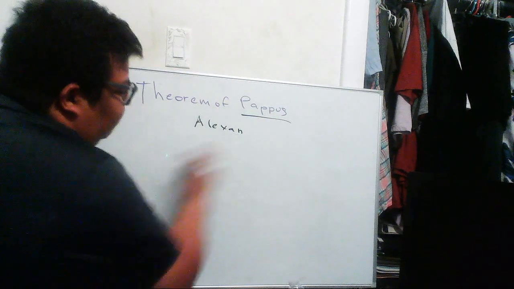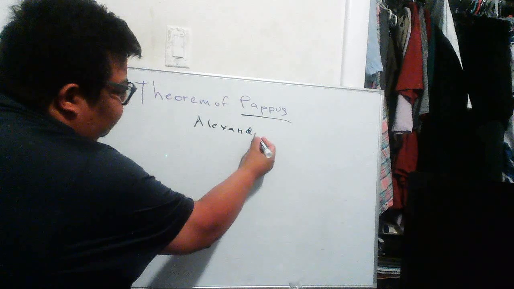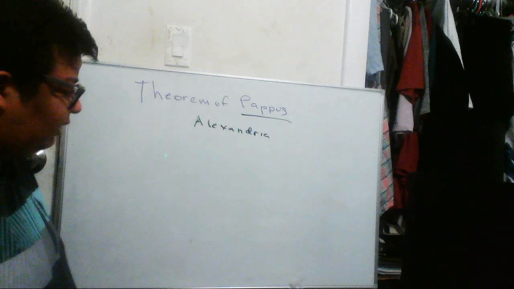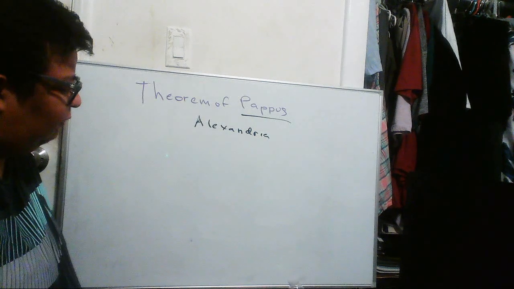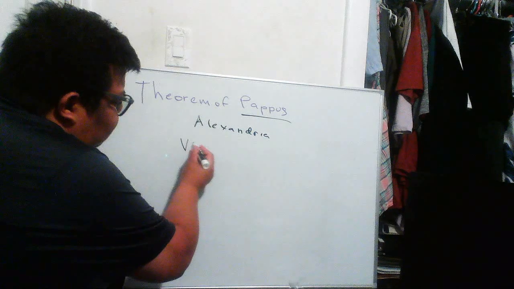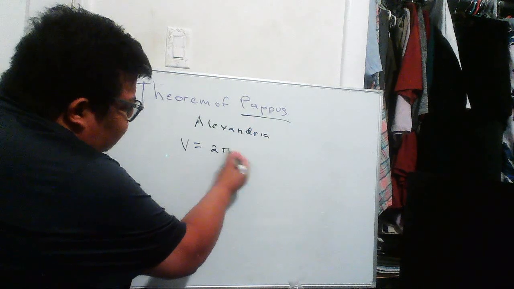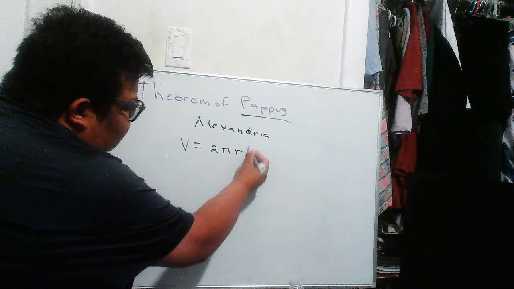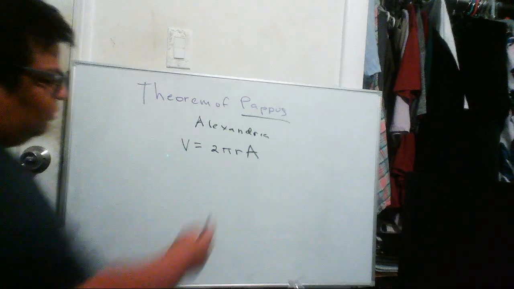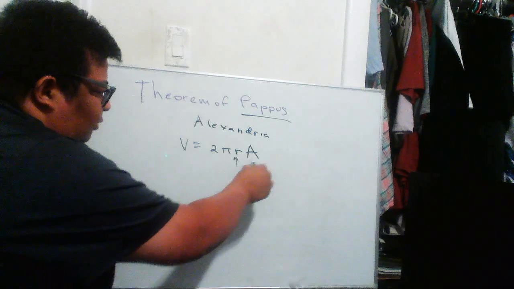He was a Greek mathematician. He came up with the formula for the volume of a solid of revolution to be equal to: volume equals 2 pi r times the area. So what is r and what is A?